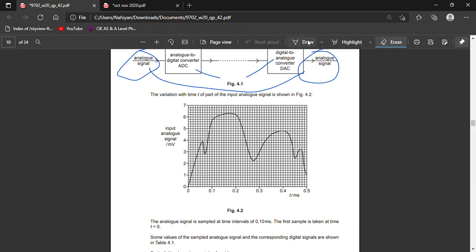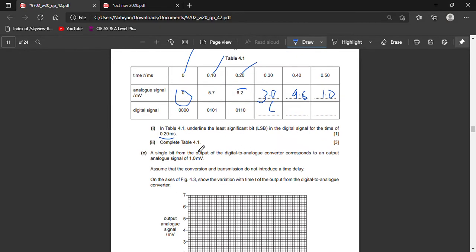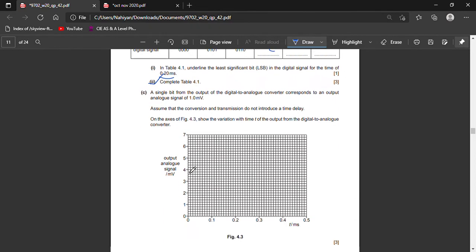So what you have to do is at 0.2 you have to show the value on the graph. Mine is not straight, but you have to draw a straighter one and show that the value is 6.2 here. Yeah, we get 6.2, and we did complete the table.